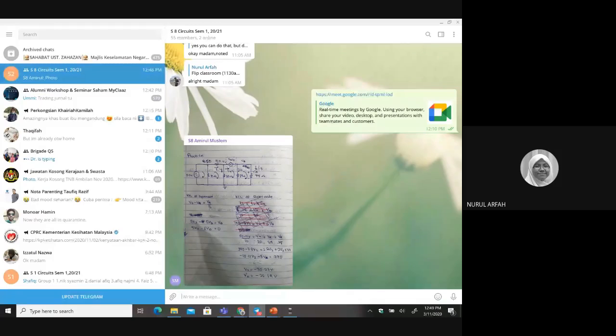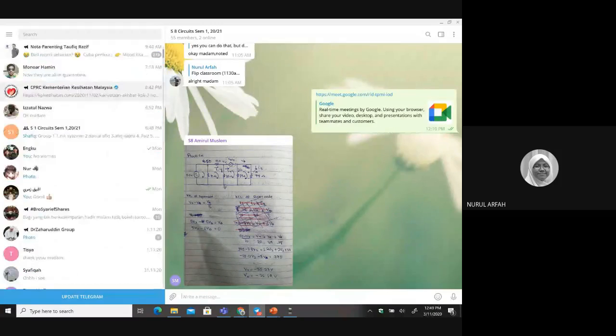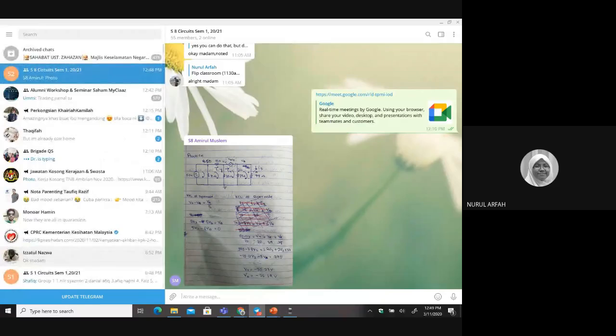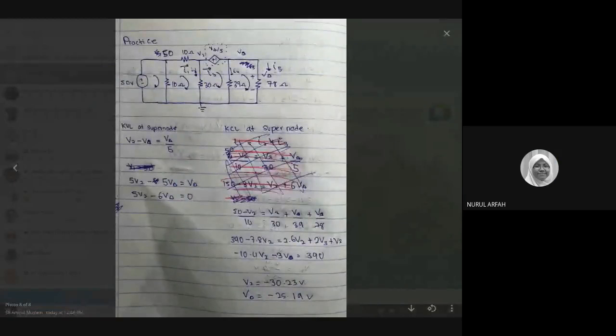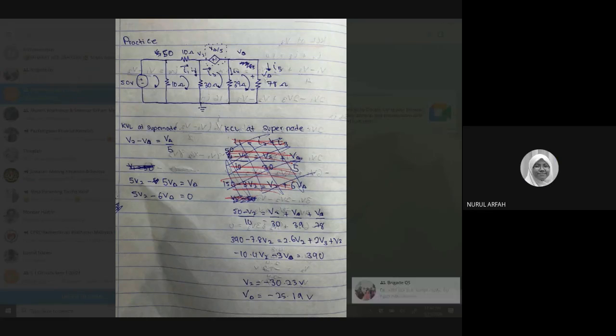Sekejap, mana? Dah submit? Dah. Amirul, is it this one? Oh, why negative? Yes, madam. Sekejap, apa ya? Let me see why. Maybe on the calculation side.